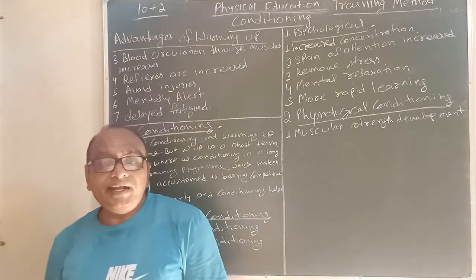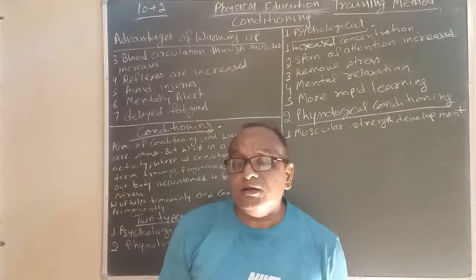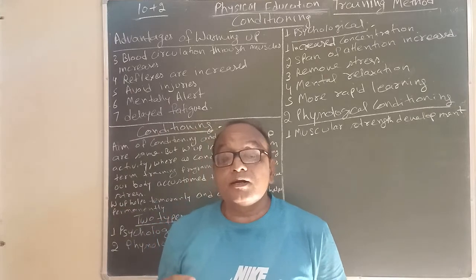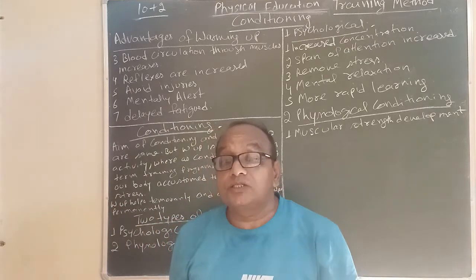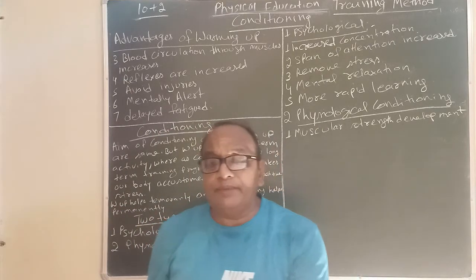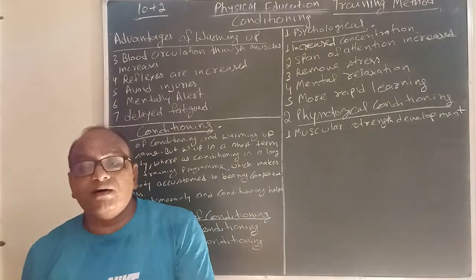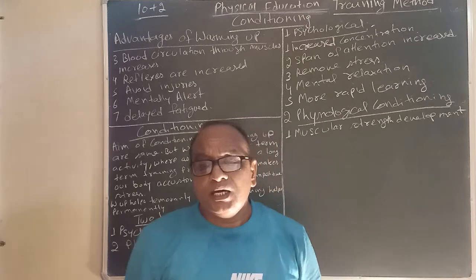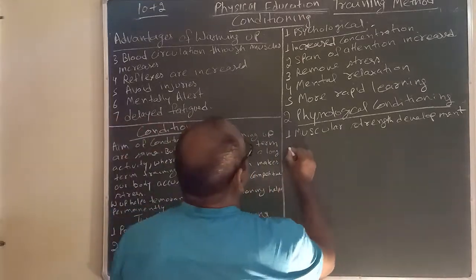Generally, weight training exercises are done for strength training, which leads to the conditioning of the muscles. So with the help of this conditioning, we develop our muscular strength. Next development is endurance development.